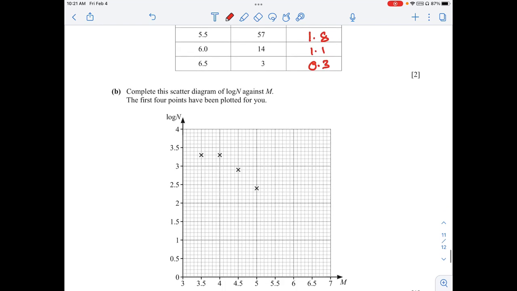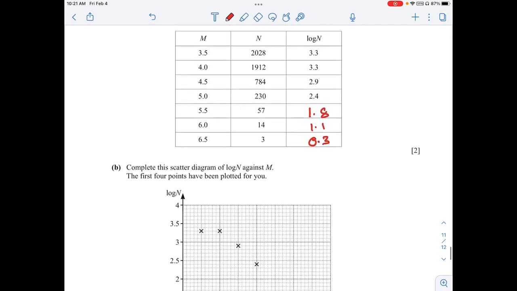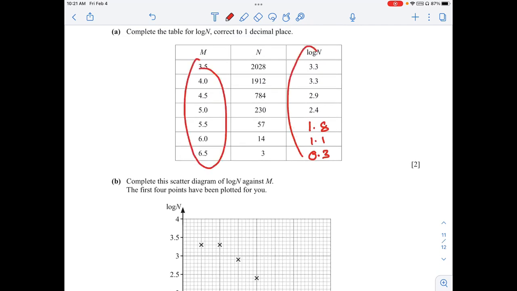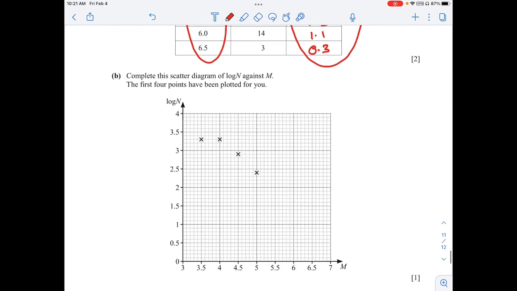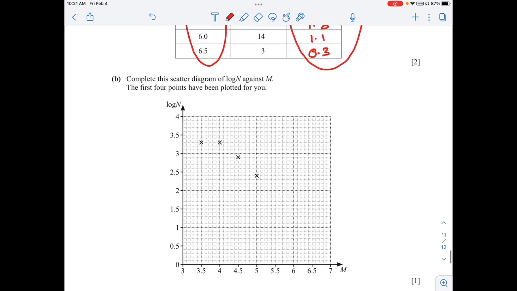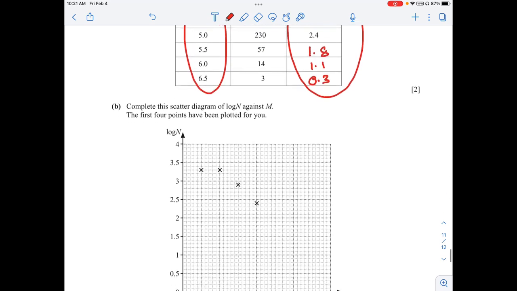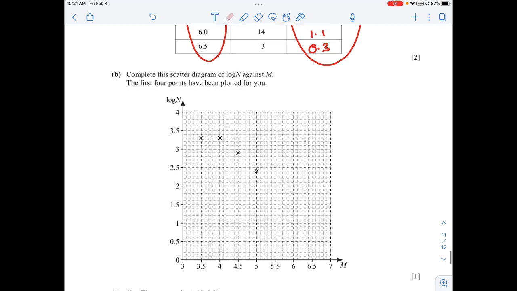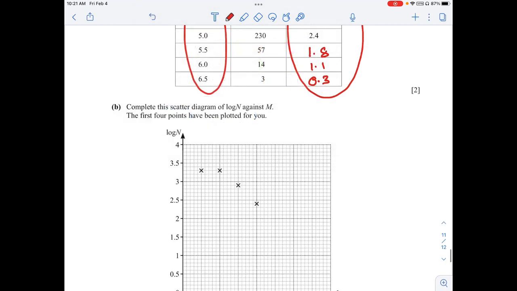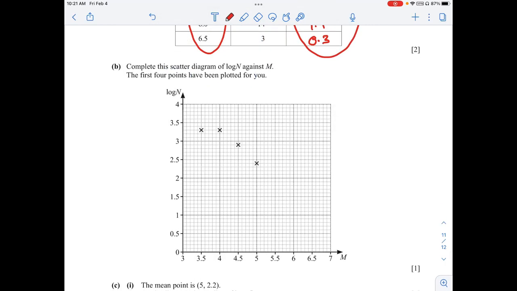Complete the scatter diagram for log N against M. M is this one and log N is this one. He has done 3.5, 4, 4.5 and 5. For 5.5 we have to do it. For 5.5 it is 1.8, somewhere between 1.5 and 2, somewhere over here.